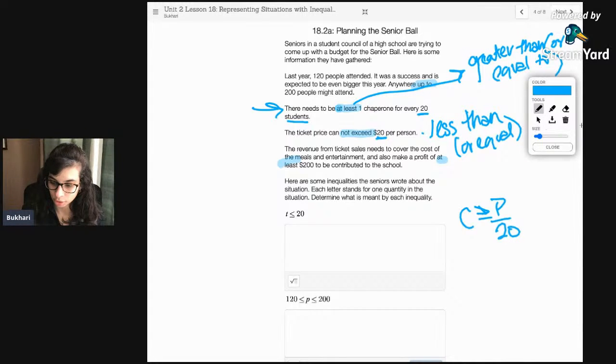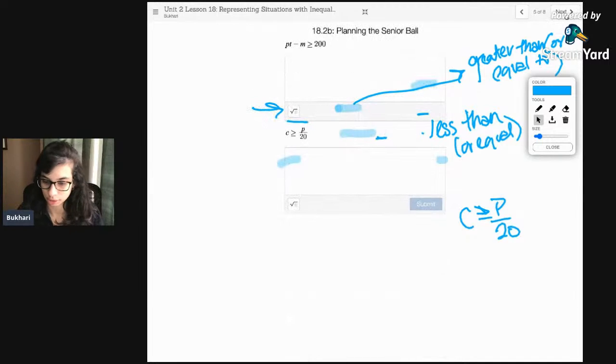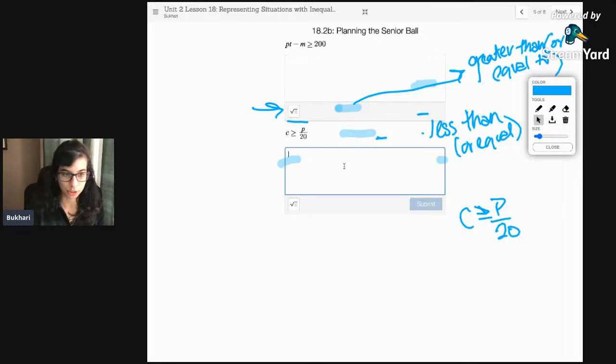From all of that information, I can write down that C is greater than or equal to P over 20. That means the number of chaperones, which is my variable C, must be greater than or equal to 1 over 20 of the number of people attending, the number of students specifically.